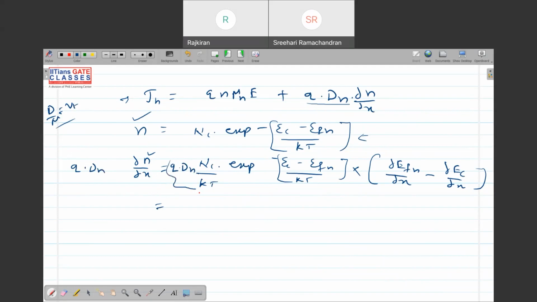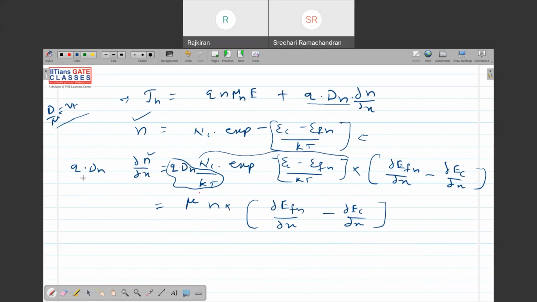This can be expressed as mobility. And the Nc exponential term is nothing but the same as your n only. So this is my q Dn dn by dx.